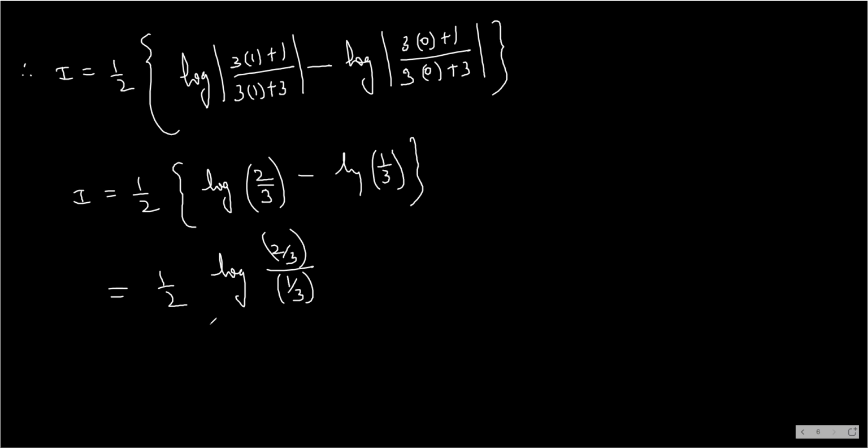So this 3 cancels and I get log of 2. So the final answer is very short, nice looking: 1 by 2 log 2. This is the final answer. You will see this complete solution once again and try solving this on your own.